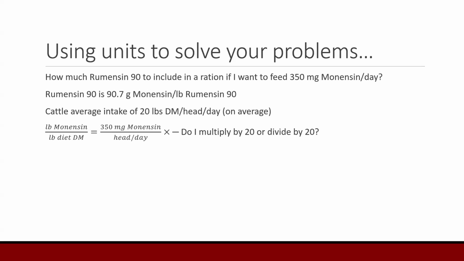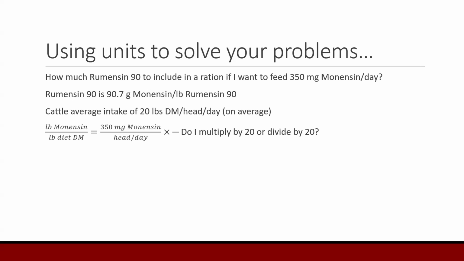I won't expect you to memorize the concentration of the active ingredient in the type A medication. Rumensin 90 is an example of a type A medication. Does that make sense? It's the concentrated form of the drug.